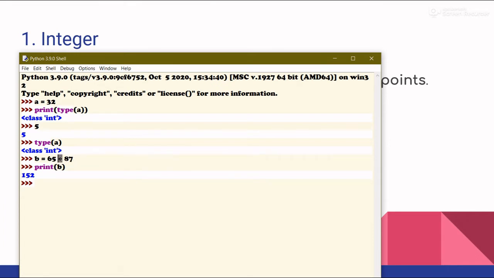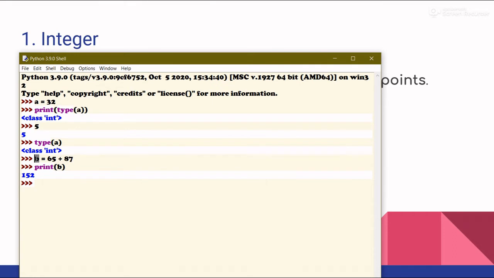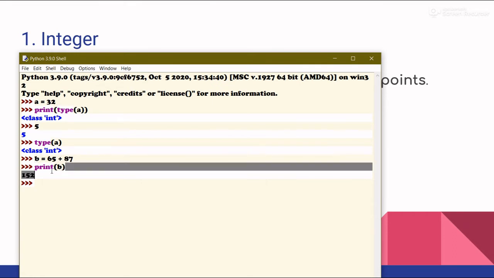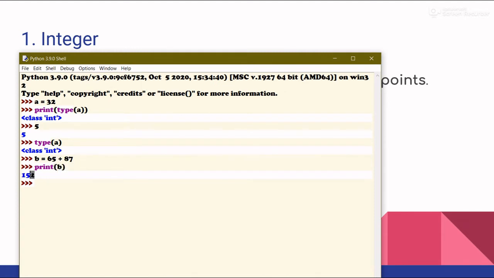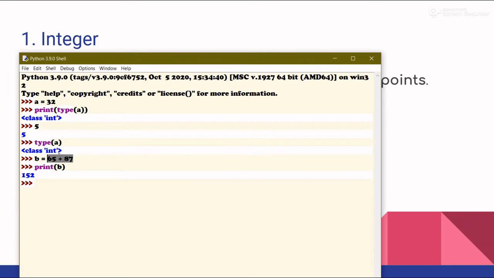So this plus operator added these two values and then that value is stored in a variable called b, and then when we displayed that variable, we got 152 as the result, because 152 has come after adding these two numbers.